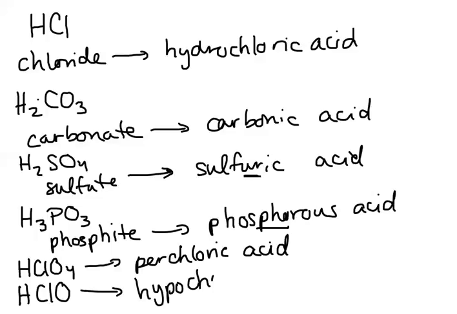Hypochlorous acid. Note the difference between hydrochloric and hypochlorous. Hydrochloric acid is when you add in the hydro and the ic from ide. Hypochlorous acid, you started with hypochlorite, and all you do is change the suffix from ite to ous.